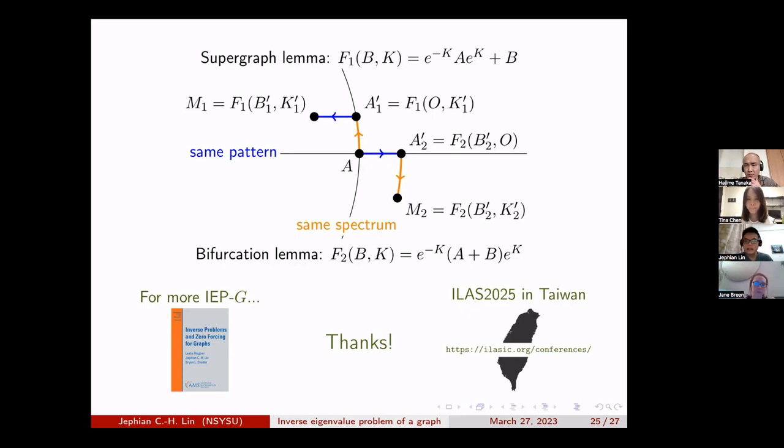I see. Yeah, thank you for the question. Well, yes and no. For example, the complete graph is fairly easy. For the complete graph, you can reach basically every spectrum because you have all the non-zero entries.